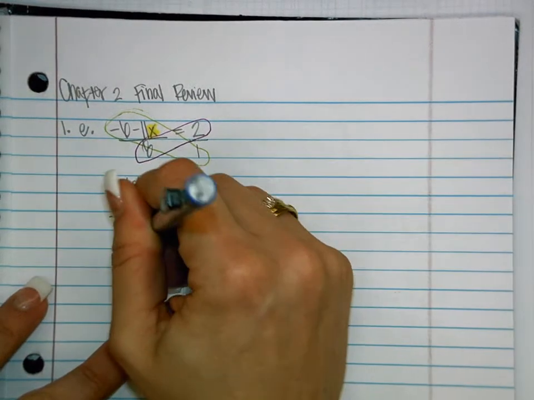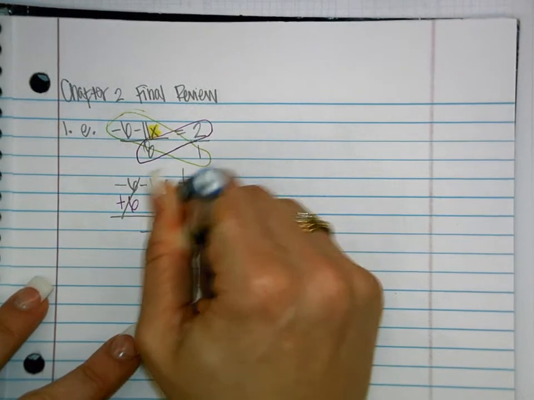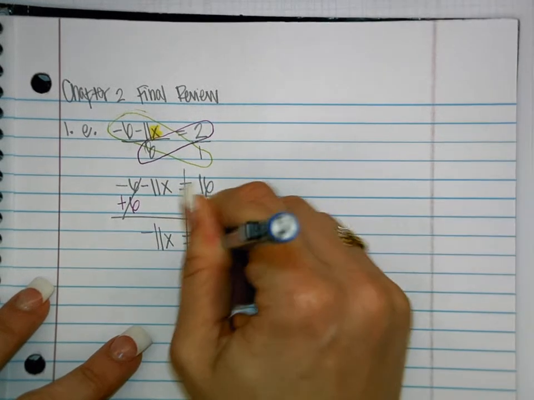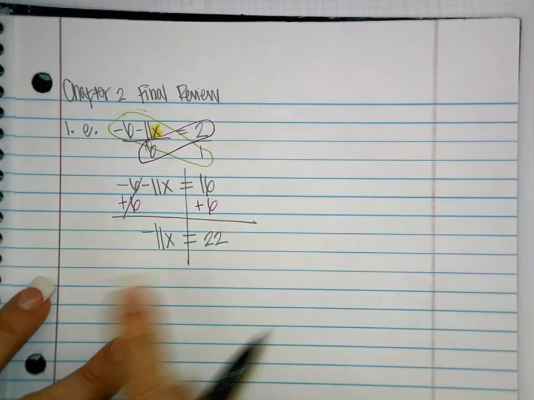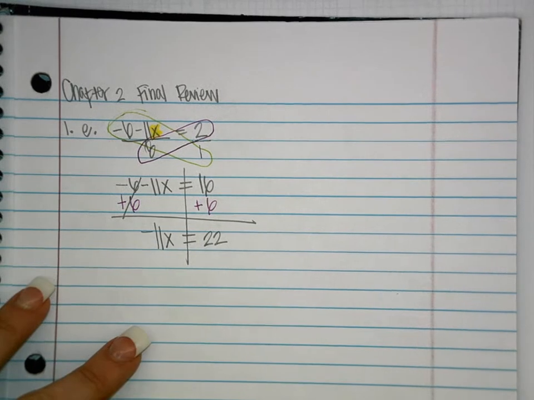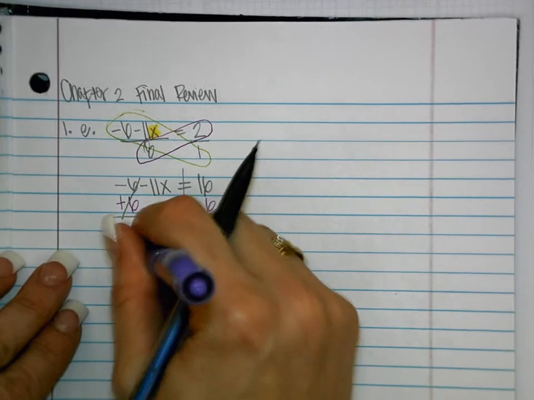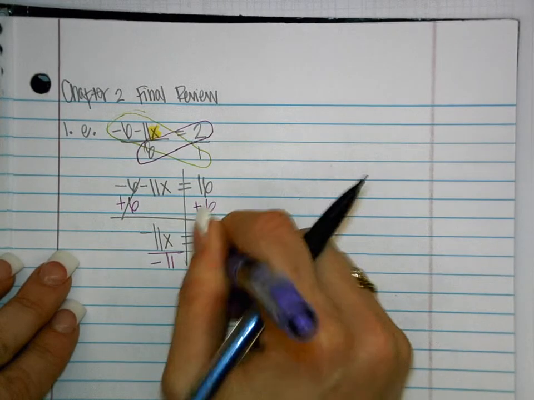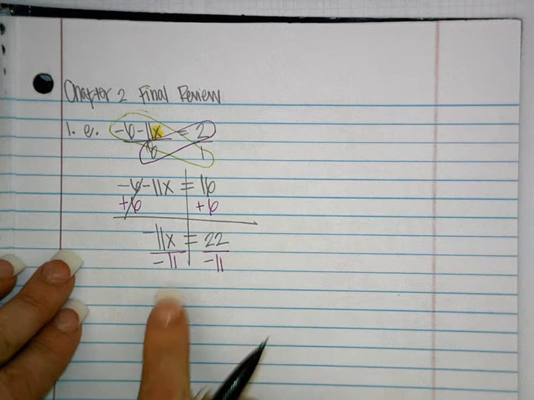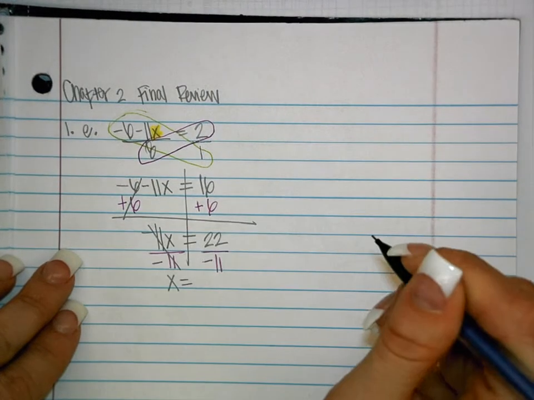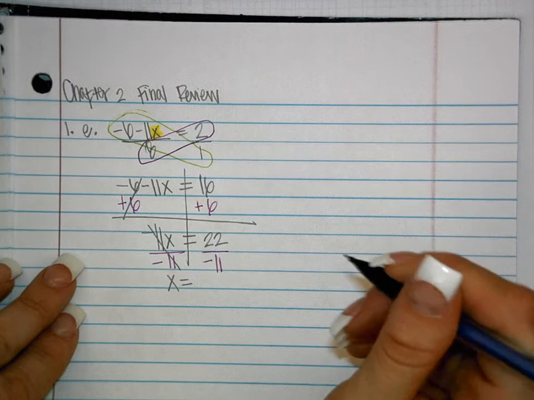We got negative 11x equals, what's 16 plus 6? Positive 22. And then how is the negative 11 attached to the x? By add, subtract, multiply, or divide? By multiplication. So to undo that, you divide both sides by negative 11. These would go away. So we get x equals, what's 22 divided by negative 11?